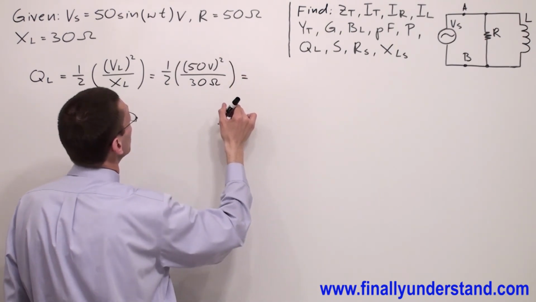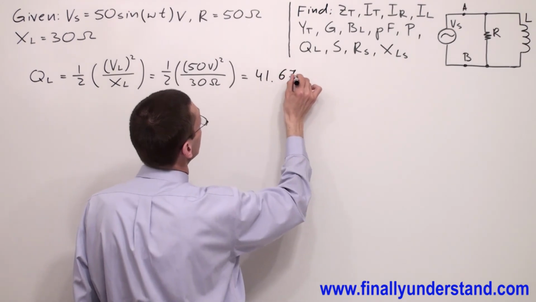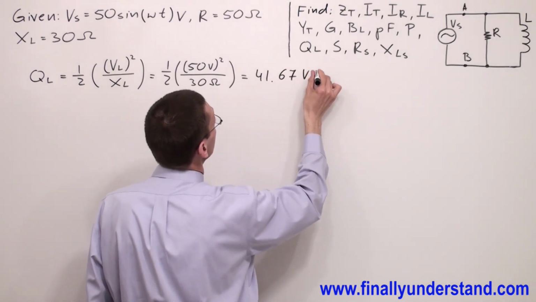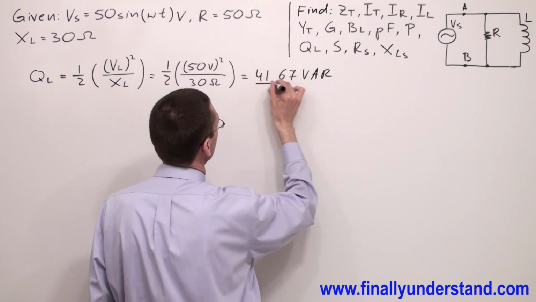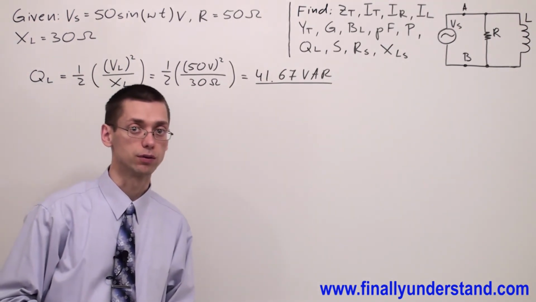This is equal to 41.67 volt ampere reactive. This is the reactive power in my circuit.